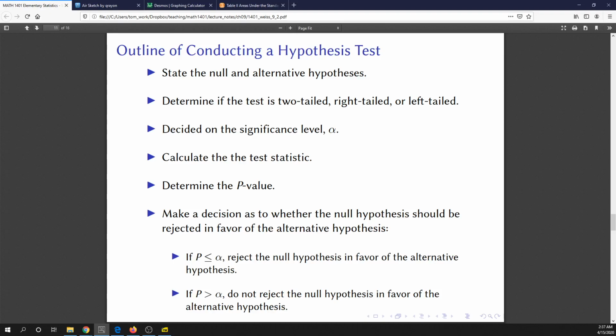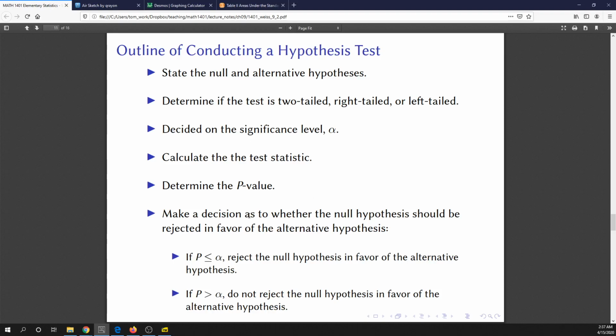Then we calculate the test statistic. For the one mean z-test, it's z equals x bar minus mu naught divided by sigma divided by square root n. Next up, we determine the p-value. These are things that we are practicing in this section.